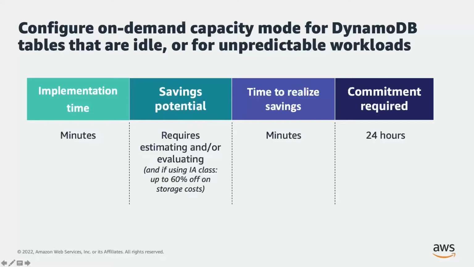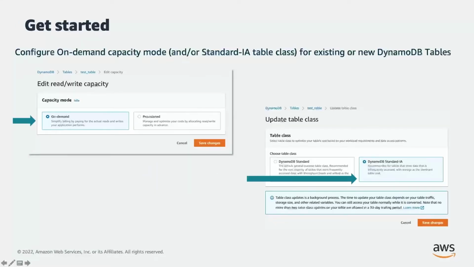And you can switch between the DynamoDB Standard and the DynamoDB Standard Infrequent Access table classes with no impact on table performance, durability, or availability, and without changing your application code. It's that simple. To get started, you can simply configure on-demand capacity and/or standard infrequent access table class for the existing DynamoDB tables or for new tables as well.